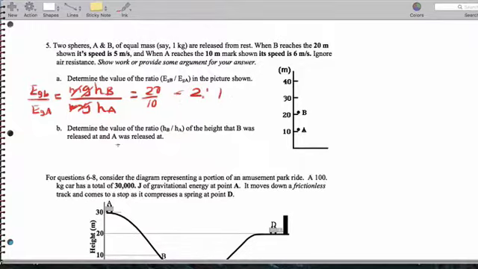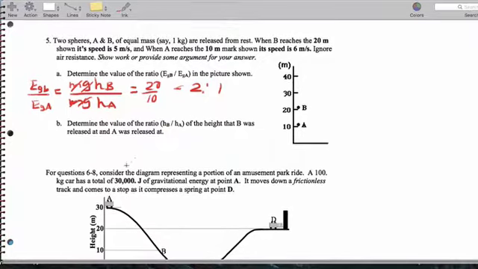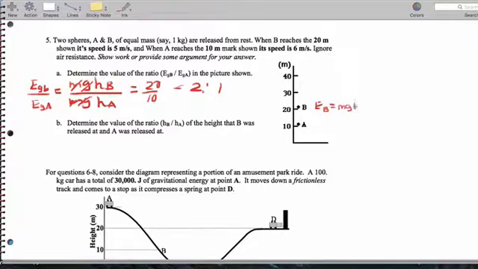Now let's get the ratio of heights that they're released at. Here it's not going to be 2 to 1 because I actually have to worry about the conservation of energy, and let's be clear. So the energy of ball B is equal to two things: there is the gravity component, and there is the kinetic energy component.